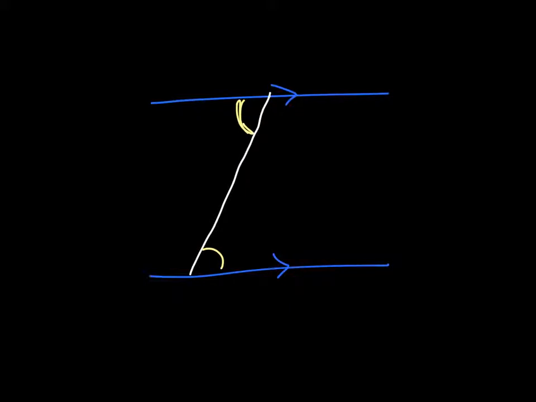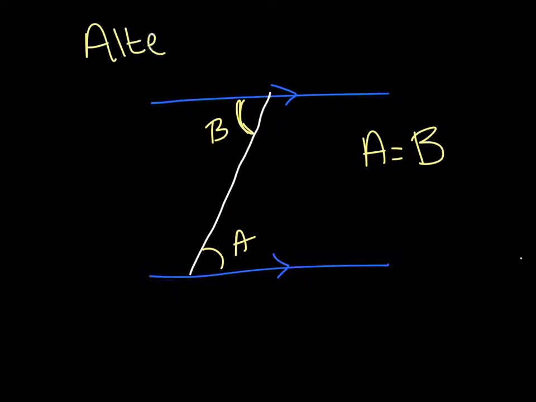So these two angles here, say A and B, are also going to be the same. So angle A equals B, and these are called alternate angles. Perfect. And these are our main rules for geometry that we're going to be looking at this year.